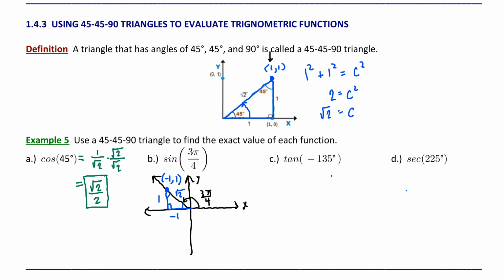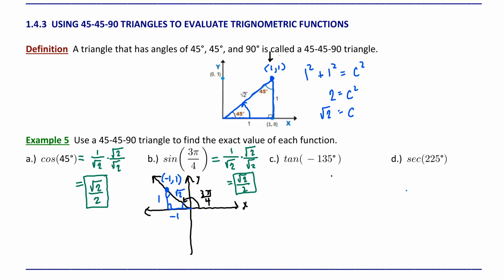We're using one that's very convenient. Now, to find sine of 3 pi over 4, we need to evaluate the y-coordinate divided by r. The y-coordinate in this case is +1, and r is square root of 2. So if we rationalize the denominator by multiplying the top and the bottom by square root of 2, we figure out sine of 3 pi over 4 is square root of 2 over 2.